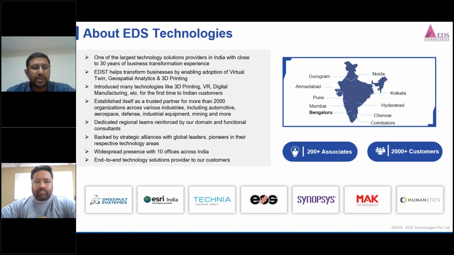We are a platinum partner for Dassault Systems in India for the PLM solutions, and we are partnered with ESRI, which is mainly on the GIS solutions, and Technia, and EOS, which is the 3D printing company. We are partnered with Synopsys, as you all are aware, and the solutions will be discussed later.